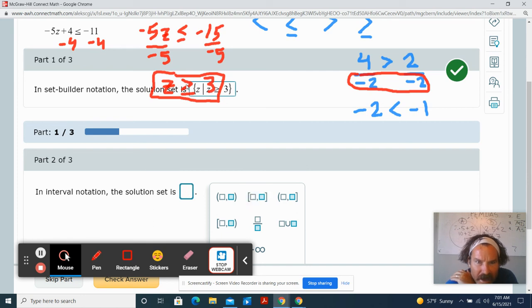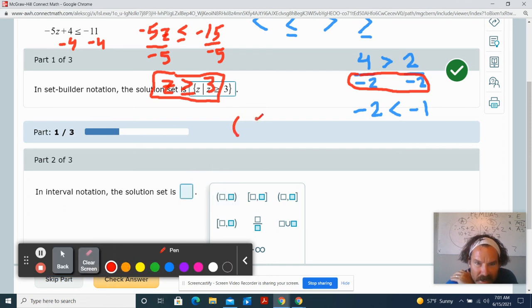If we just had a greater than sign, we'd use the rounded parentheses. Let me write that down. You use these when you have this sign or this sign, and you use these when you have this sign or this sign.